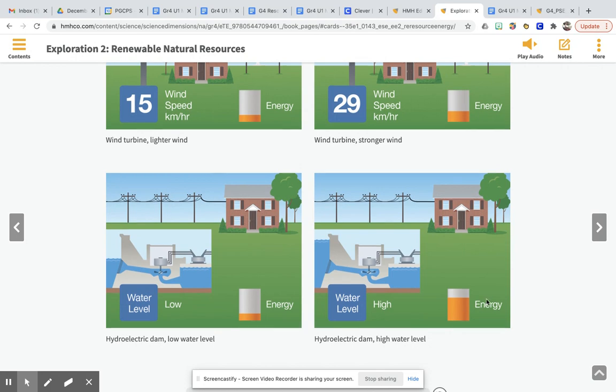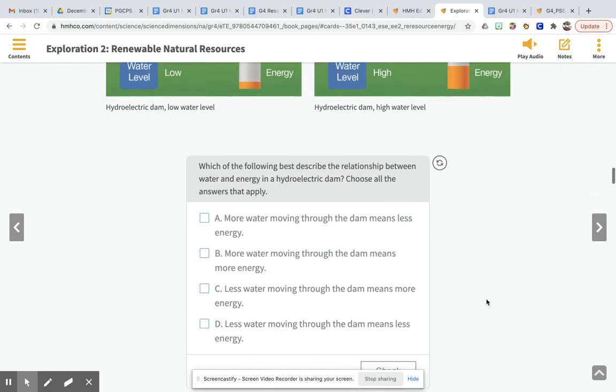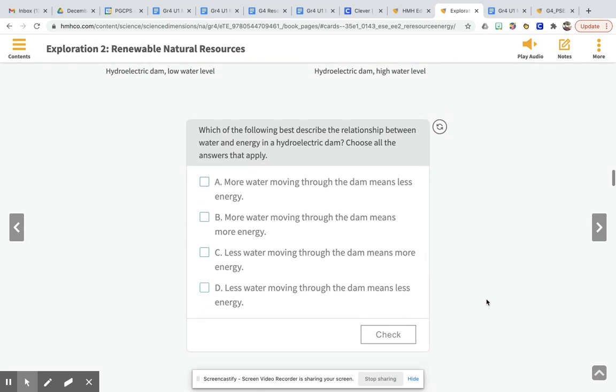And so your question to discuss: which of the following best describes the relationship between water and energy in a hydroelectric dam? And it says choose all answers that apply. So that means there may be more than one correct answer. So we're looking for the best description of the relationship between water and energy in a hydroelectric dam.